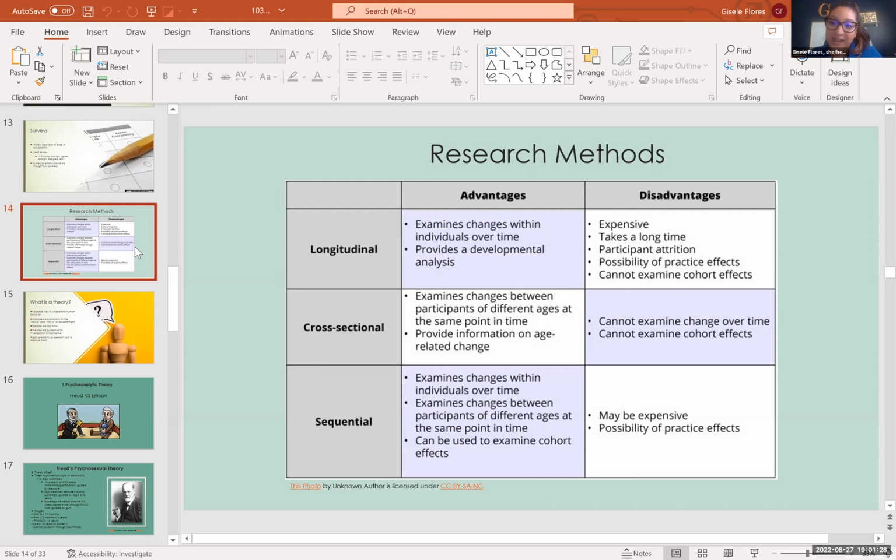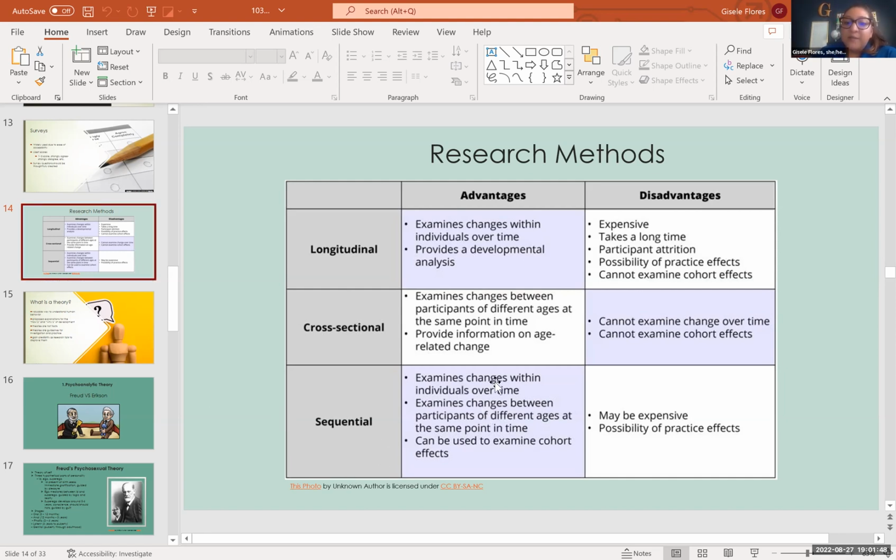So is age the factor, or is it environmental factors? Is it cultural factors? Is it time factors? So it really is hard to determine if what you're studying is really influencing the results or not.